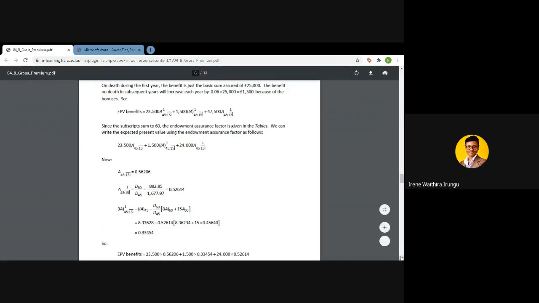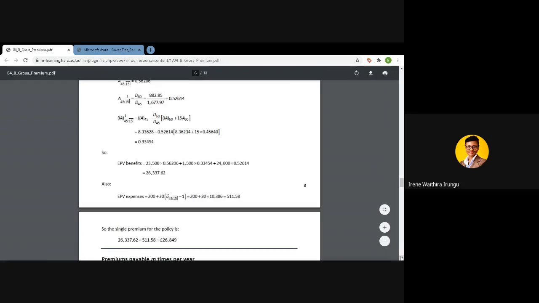Once you solve for that, you can substitute directly to obtain your EPV. So again, we have looked at the EPV of the benefits.